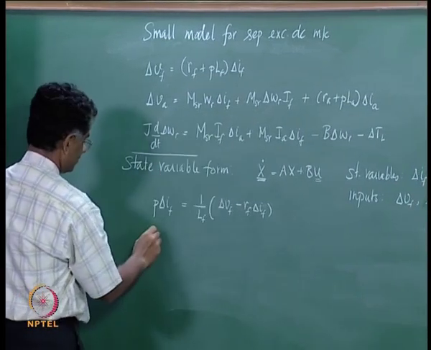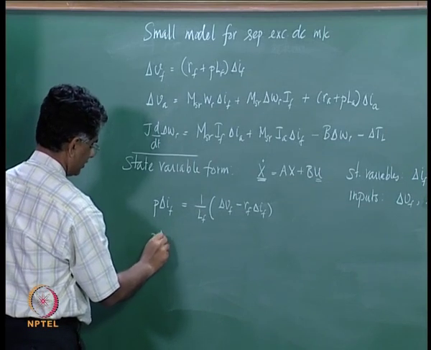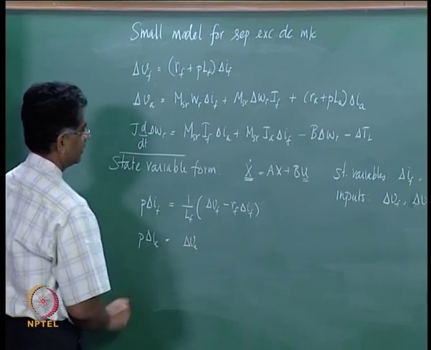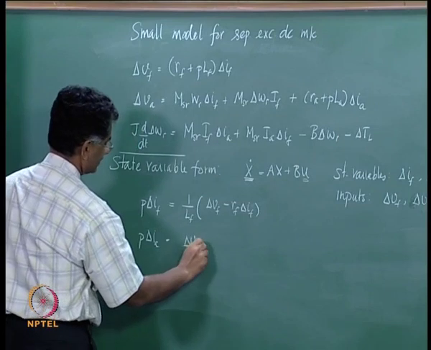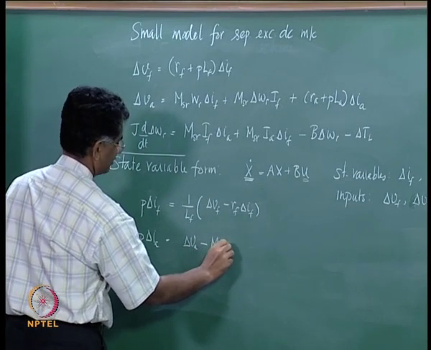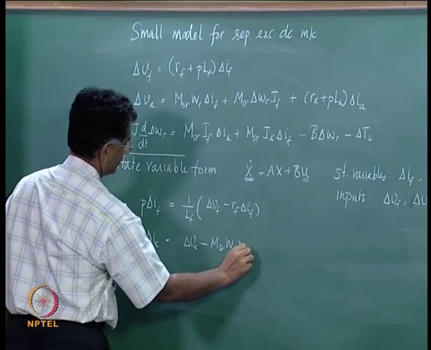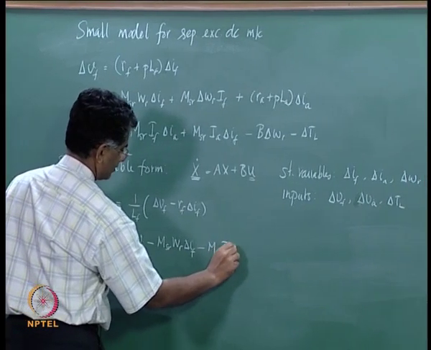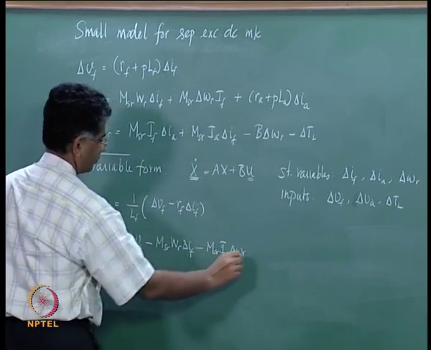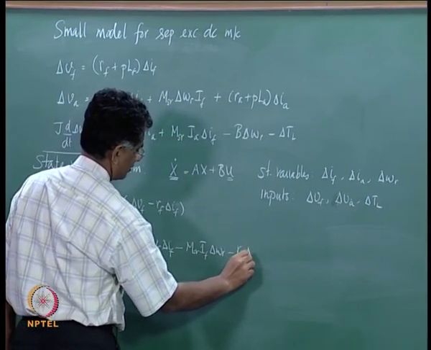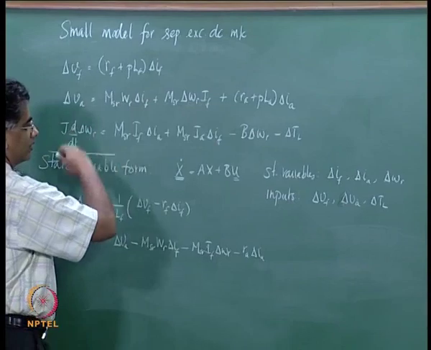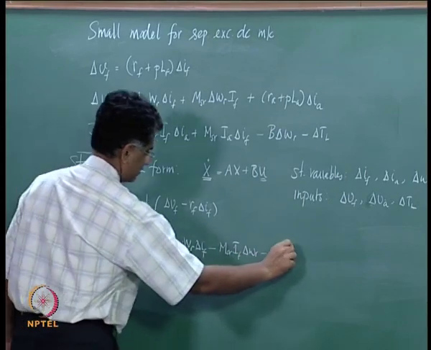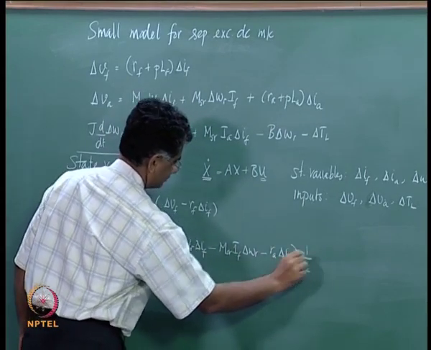From the next equation we can get an expression for P delta Ia as delta Va, bringing everything to the left hand side: minus MSR omega r delta If, minus MSR If delta omega r, minus Ra delta Ia. So all the terms are brought down, then you have PLa Ia alone, and so divide this by La.